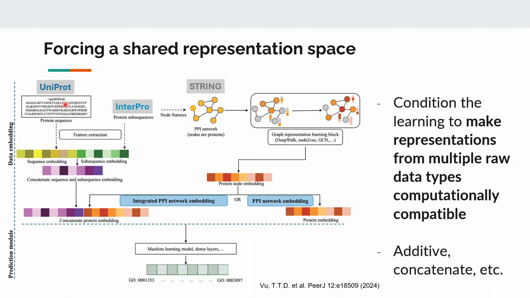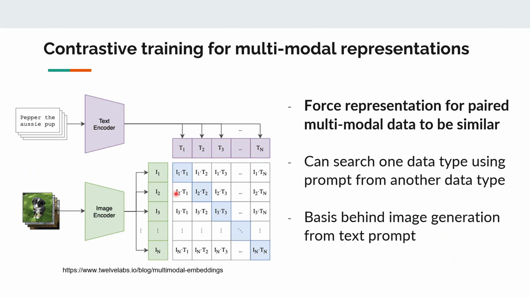If we want to predict the properties of a protein, we have data as a sequence of amino acids. We have the domain annotation from InterPro. We have protein-protein interaction from STRING. But we can force the model to map these different modalities of the data to the same space, using the same technique.